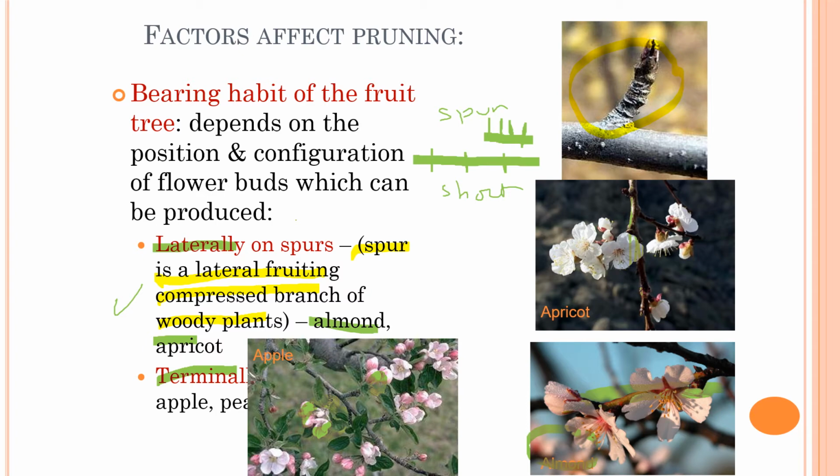If the spur is terminal, the fruit will be toward the end. If it is apricot and others, it will be lateral on this spur. The trees before produce on shoots, but they can be terminal or lateral. Here, they are on spurs, and they are also lateral or terminal.